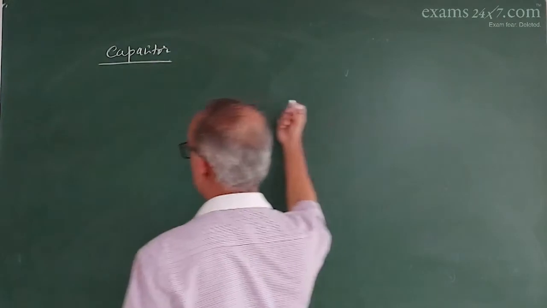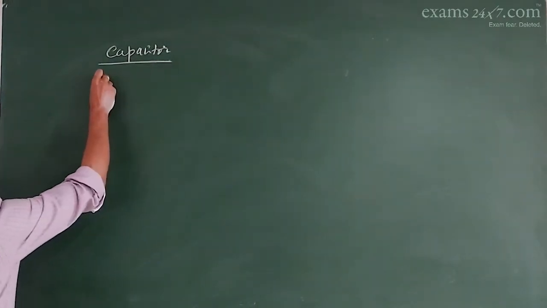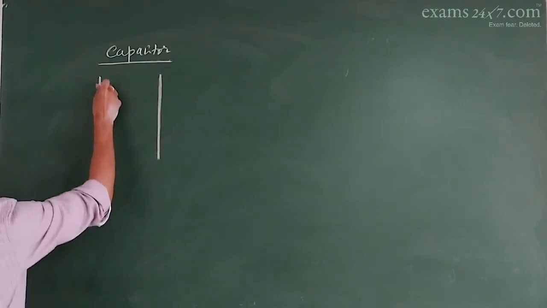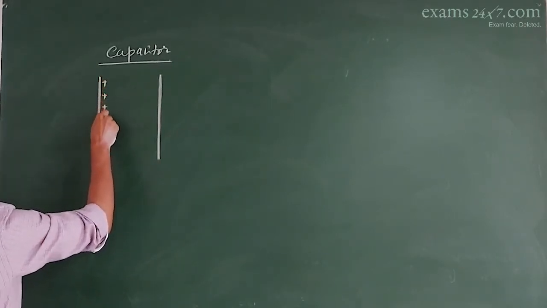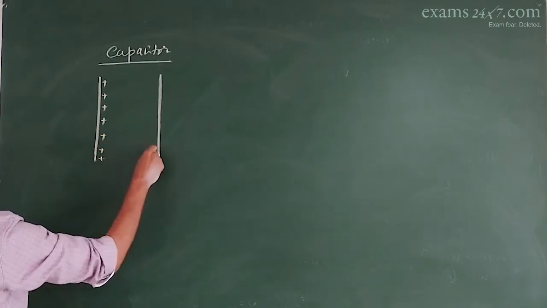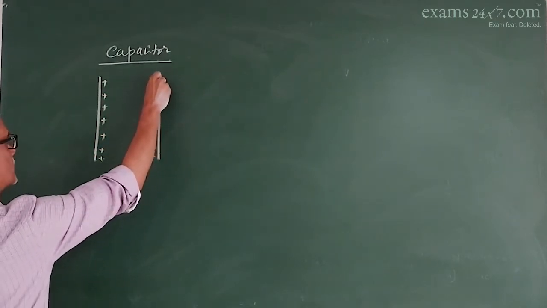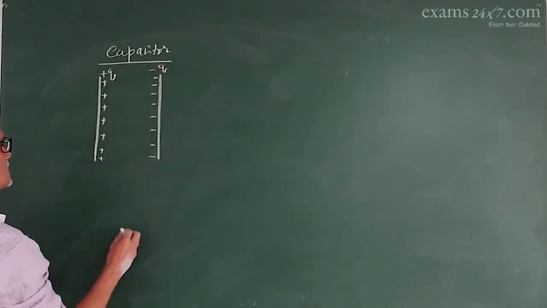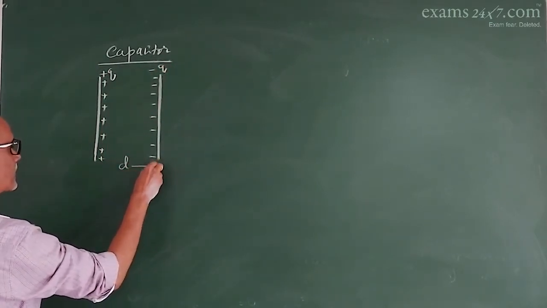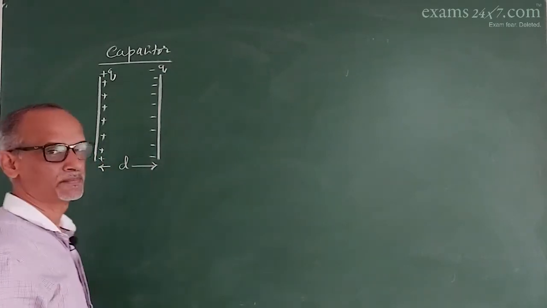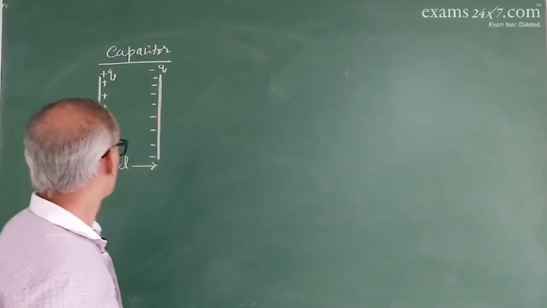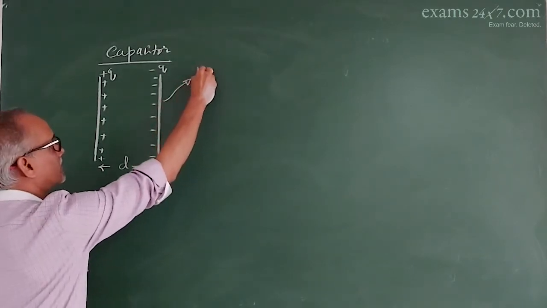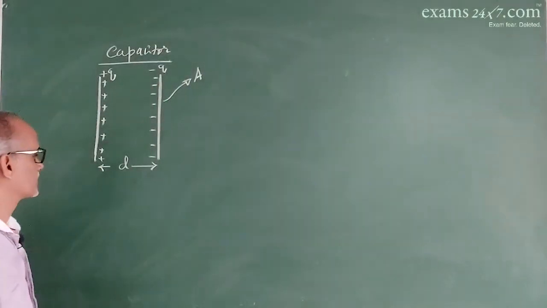So in a capacitor we have 2 identical oppositely charged parallel plates, having charge plus Q and minus Q, separated by a distance d, and having A as the area of the plate.